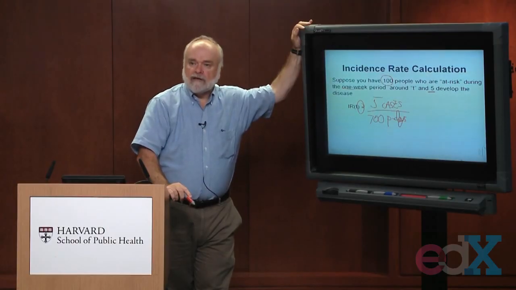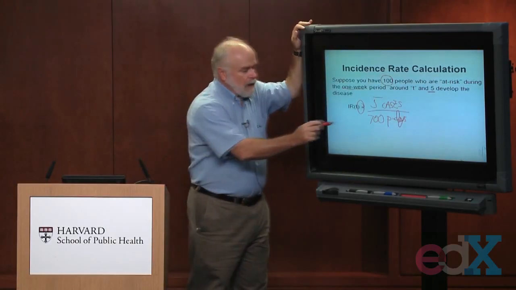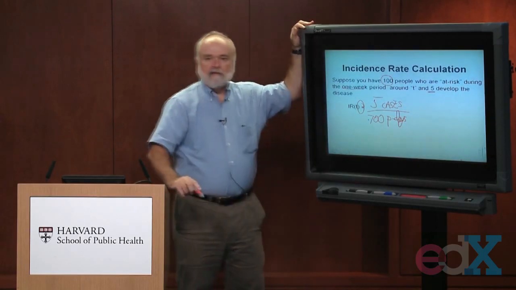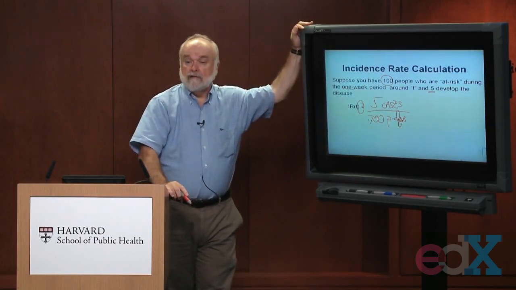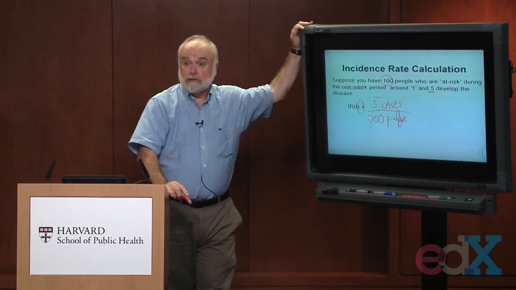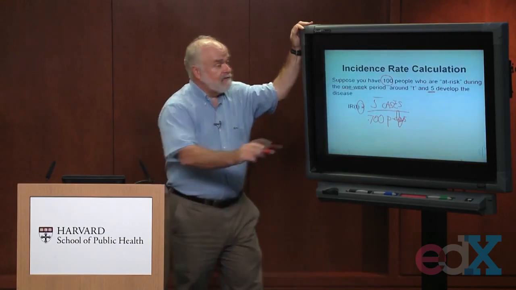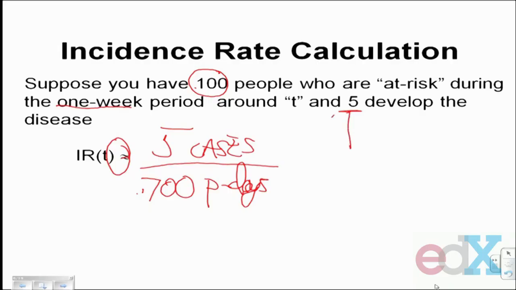Now, why do I say approximately? Because I really don't expect to see 700 person days of observation during that 1 week period, because 5 people developed disease during that 1 week period.